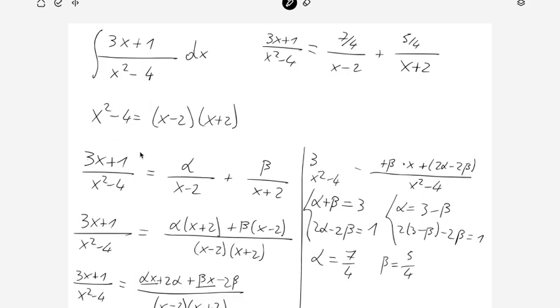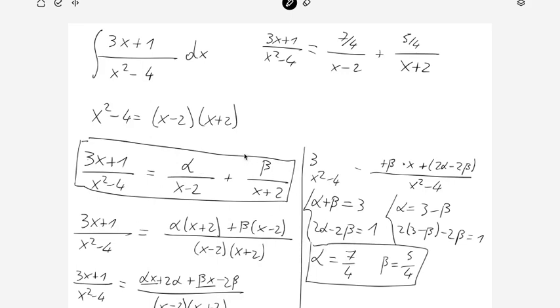So I take this and I substitute alpha and beta with 7 over 4 and 5 over 4. Together I obtain this.